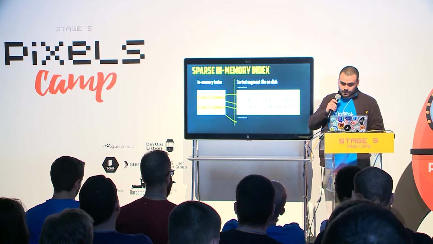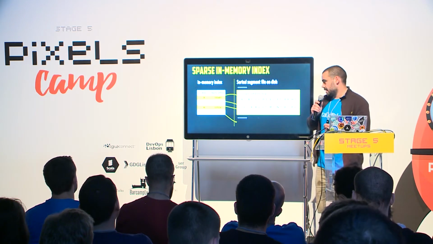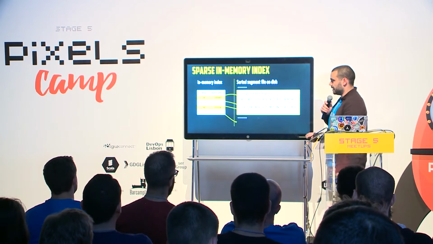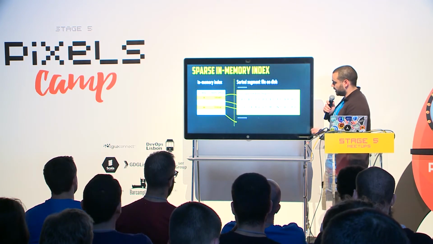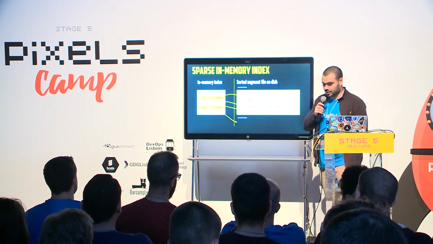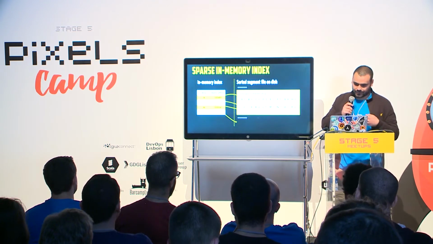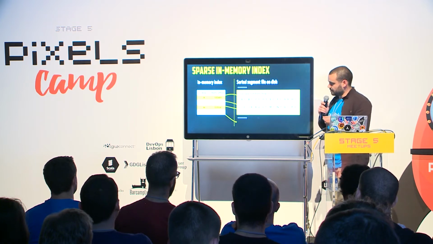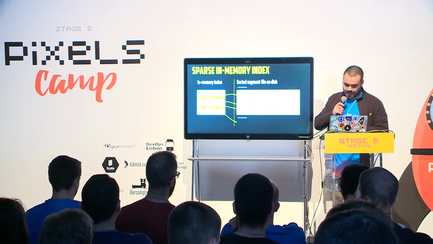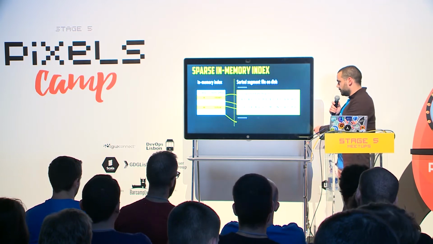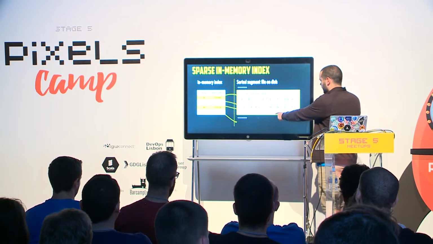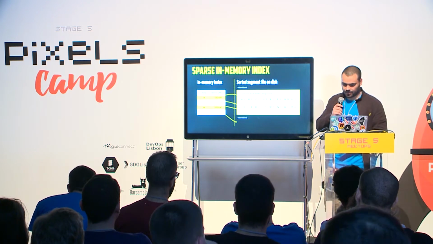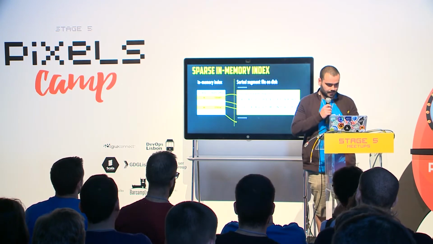So if you want to fetch, take for example the P key, we'll need to find it in the in-memory index, but it's not there. So we failed to find it, but we find M, which is close enough to P, and we start reading the file from M until we get the P. So that's how we search for things using an SSTable.